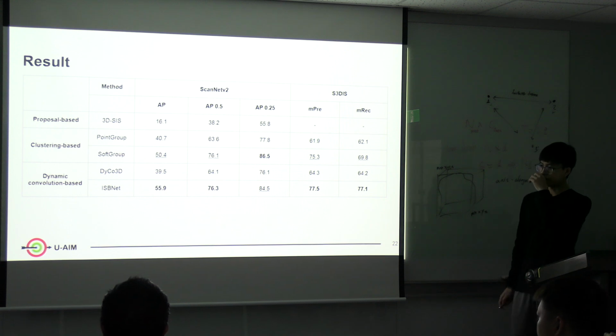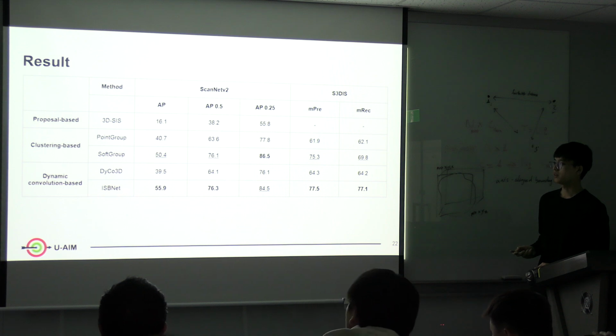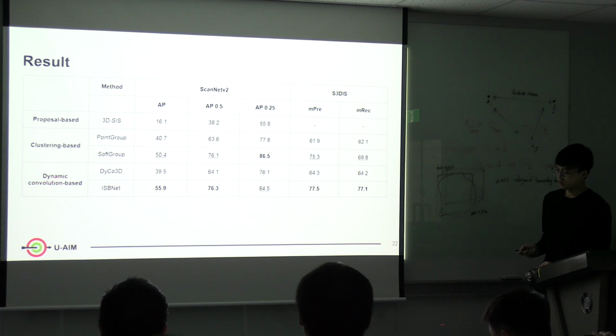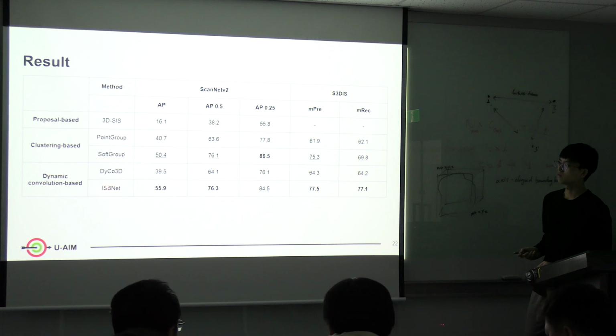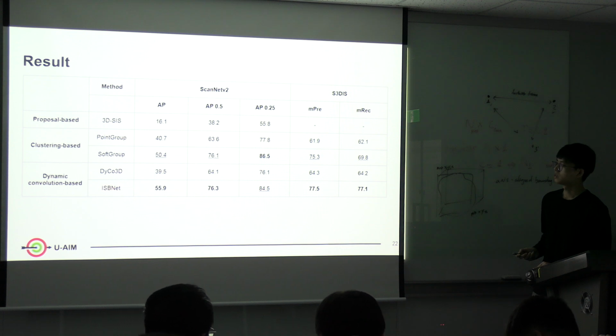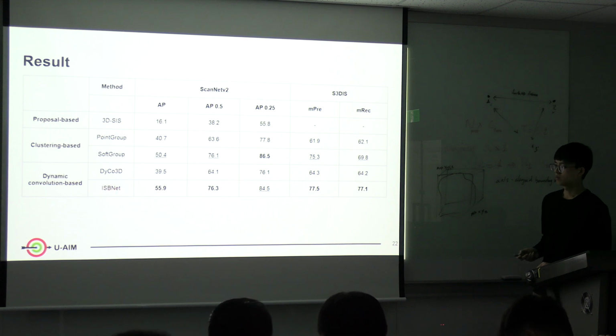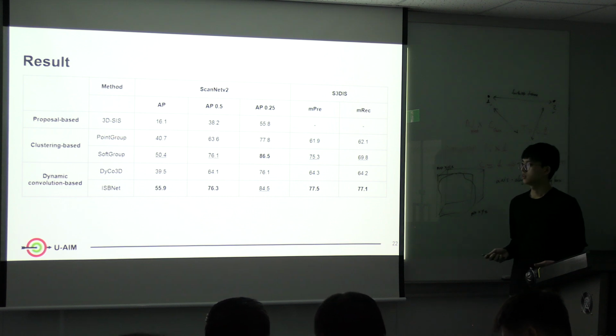But when I survey, I see that the trending approach now is dynamic convolution, because there are not just 2 papers here, but 4 or 5 papers about this dynamic convolution-based approach. Moreover, something that I don't mention here is that you can use the transformer in 3D point cloud instance segmentation.